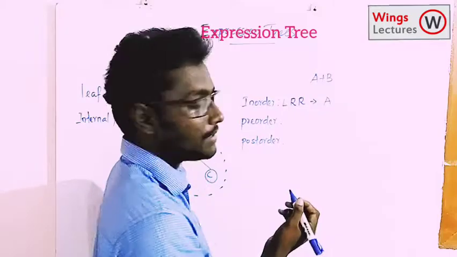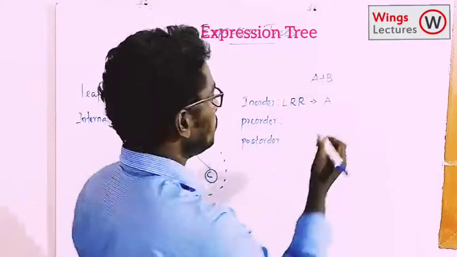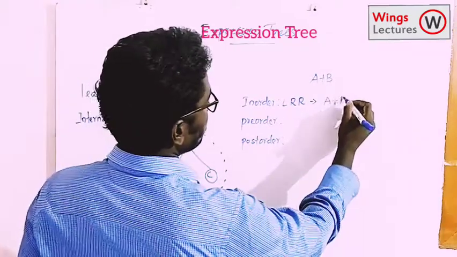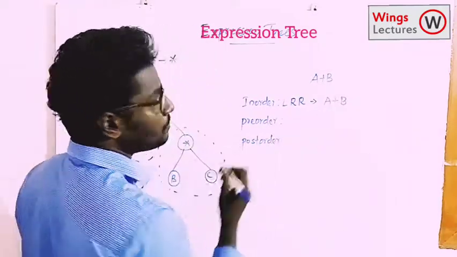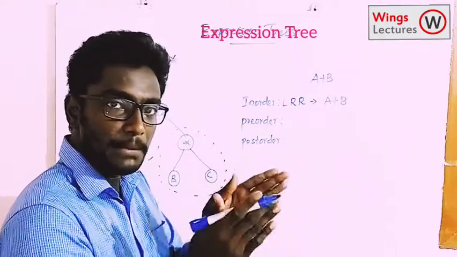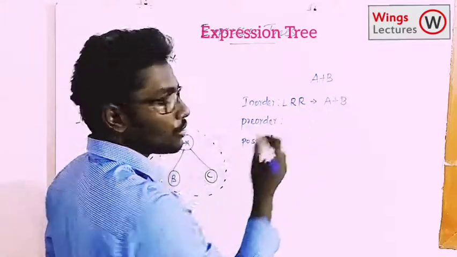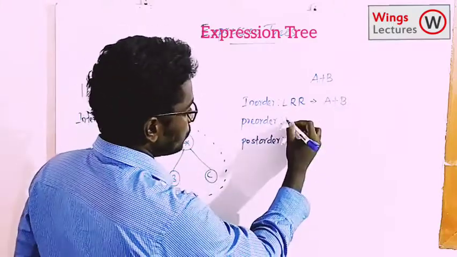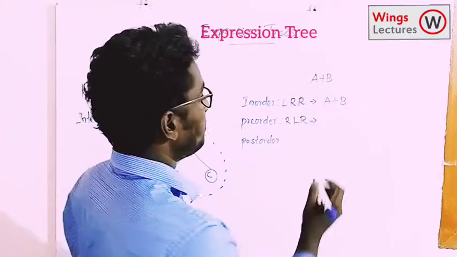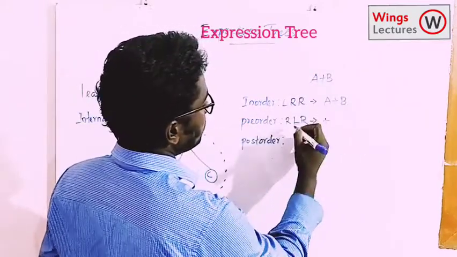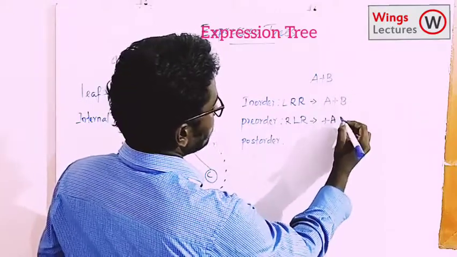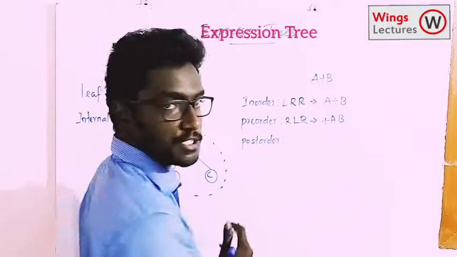A, and then the root node is plus, and the right node is B. And when it comes to preorder, it means prefix, so the root node should come first. So root, left, right. So the root node is plus, then left is A, and right is B.